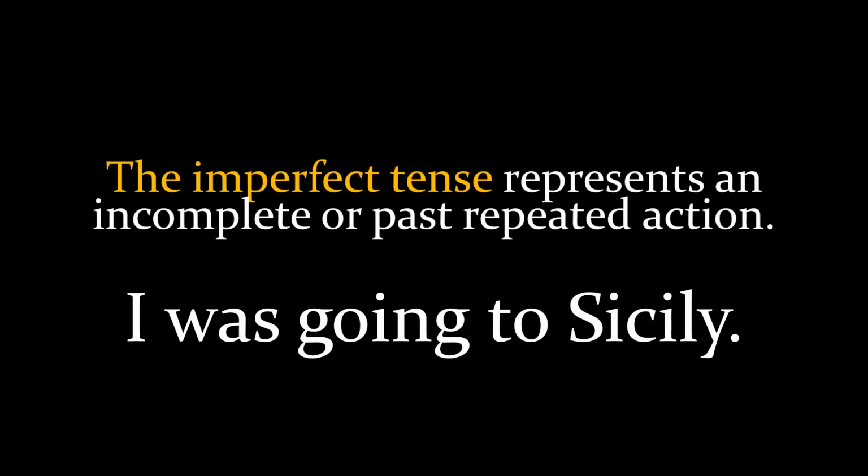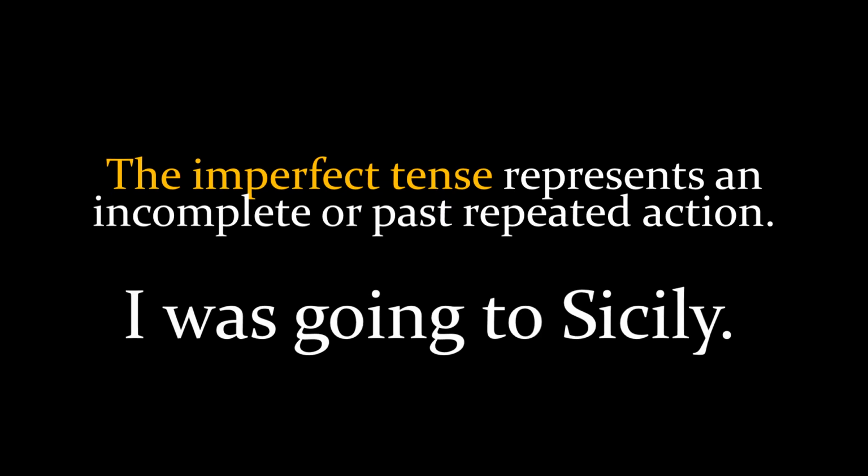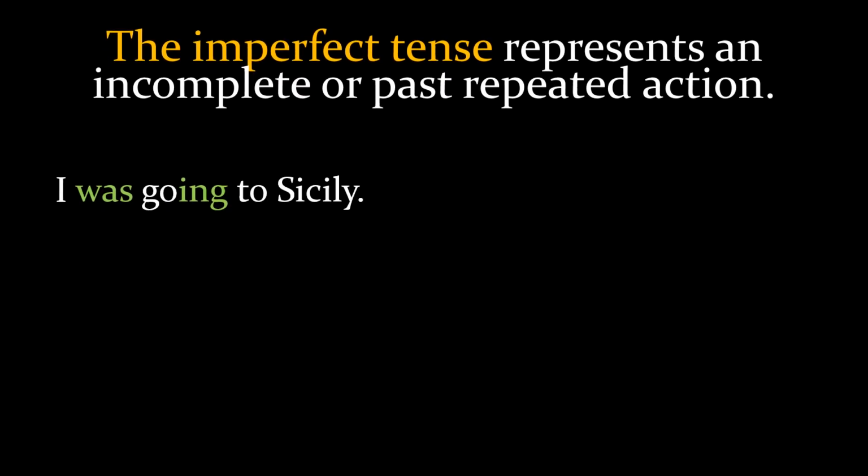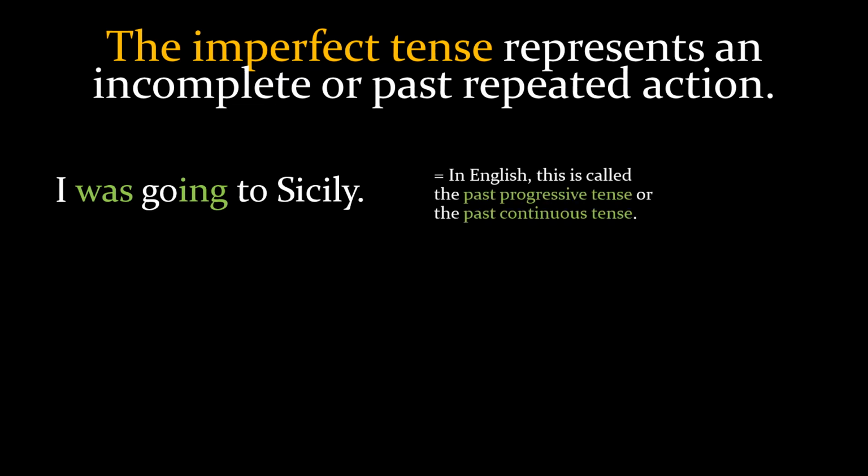This is called the imperfect tense, and it represents an incomplete or a past repeated action. So when we say I was doing something, we're talking about something that in English grammar we call the past progressive tense or the past continuous tense.